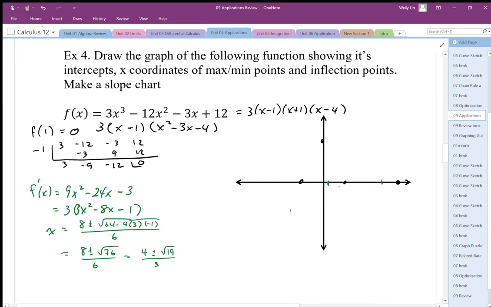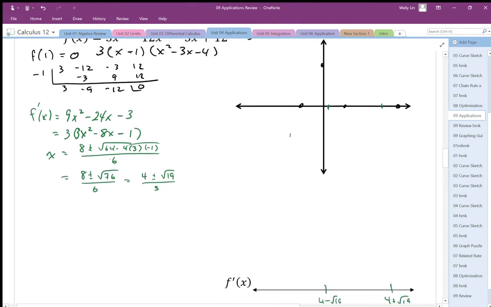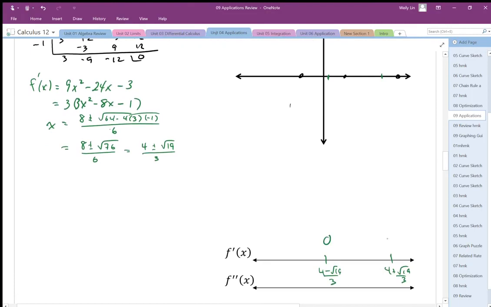I'm just going to draw that into my slope chart: 4 minus root 19 over 3 and 4 plus root 19 over 3. Those are where I have slopes of 0.